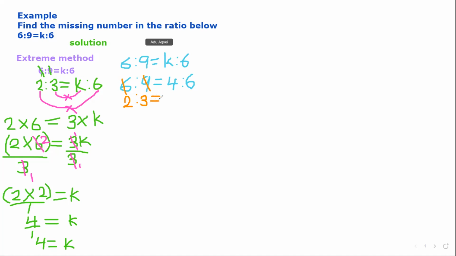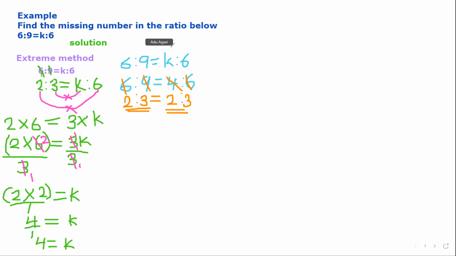It must be equal to, then you have to reduce these ratios into its simplest form. You find a common number to cancel the 4 and at the same time the 6. So the number is 2. 2 goes here, 2, 2. Then 2 goes into 6, 3. Now it's obvious that the two ratios here are the same. Now we have 2 to 3 equal to 2 to 3.